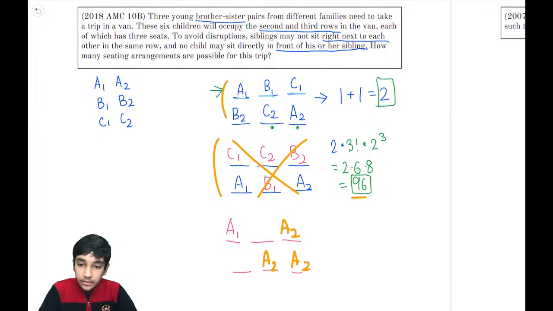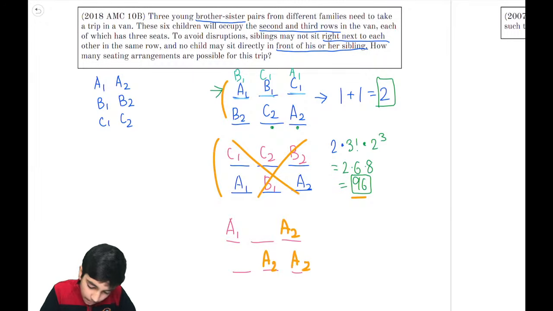There are 3 factorial ways to rearrange A1, B1, and C1, because we can also have something like B1, C1, A1, because that also works, right? And then we can just switch the C's, the B's, and everything else. So that's why we multiply by 3 factorial.